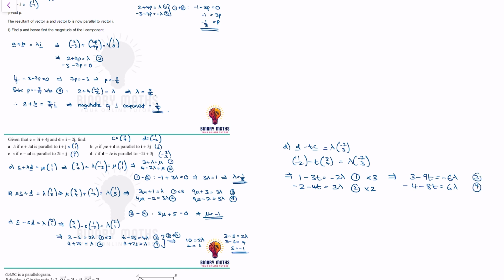Calling these 3 and 4, if I do 3 add 4, I end up getting minus 1 minus 17t is equal to 0, which means 17t is equal to minus 1, which means t is equal to minus 1 over 17.